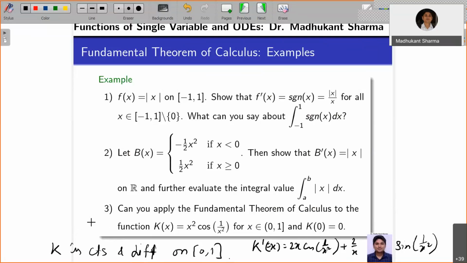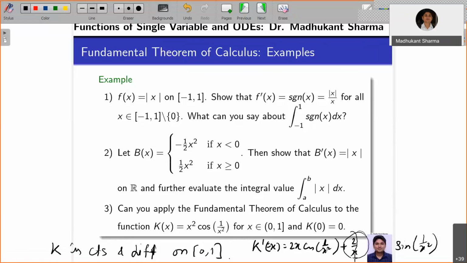But here K dash is not bounded at 0, because the 2 by x term is sitting there. So this will not be bounded, and hence the fundamental theorem of calculus is not applicable in this case.